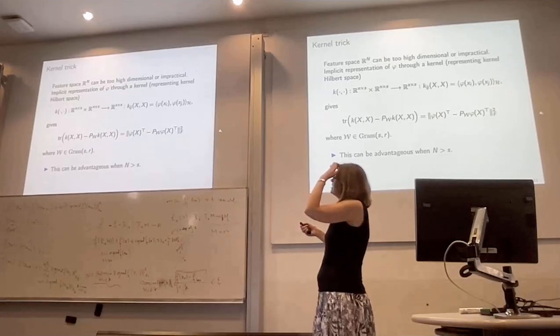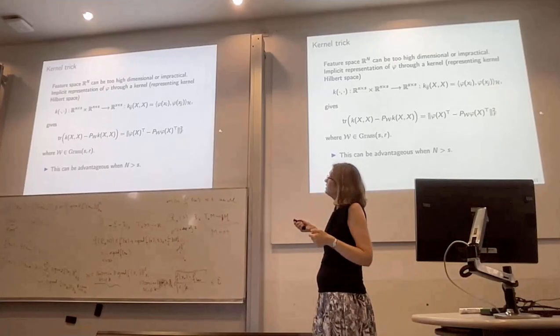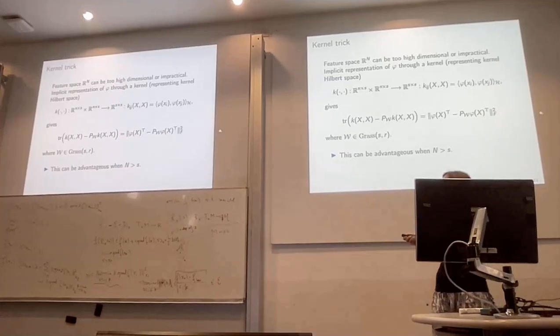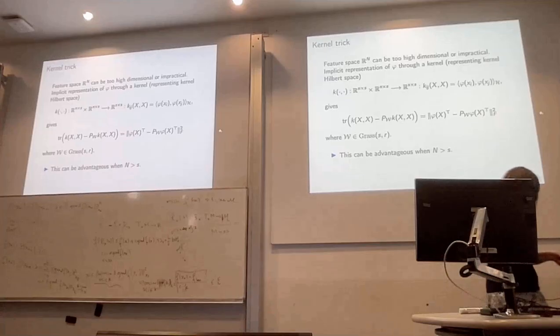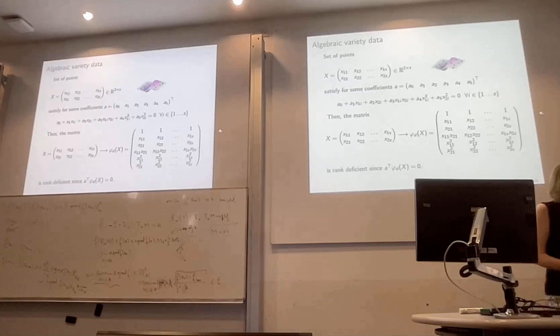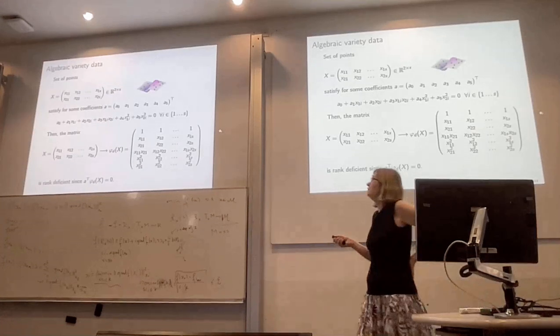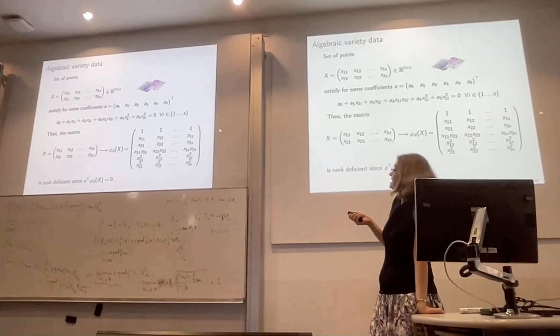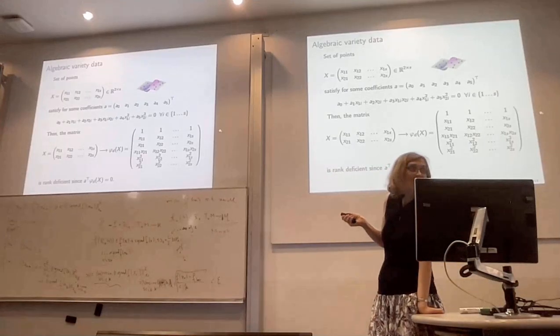Okay. So I may try to represent phi with a kernel trick. We can try to do that for every one of the feature maps. Okay. So just quickly, for some of you that work more with algebraic varieties, as I know some people here do.